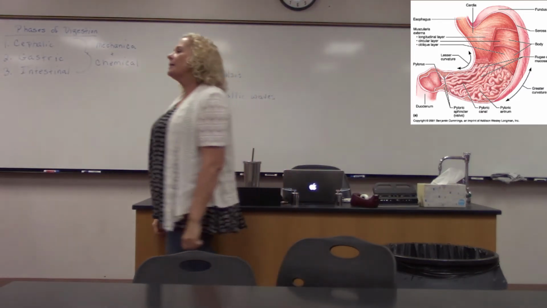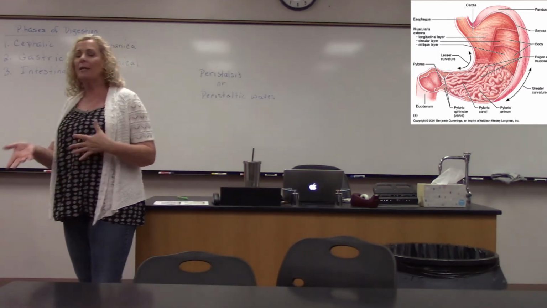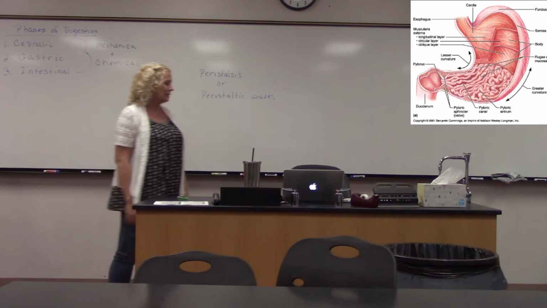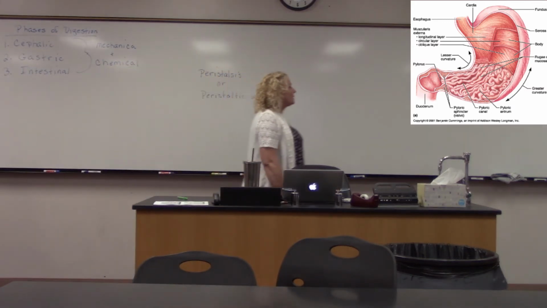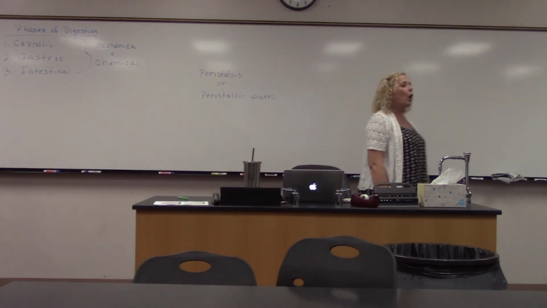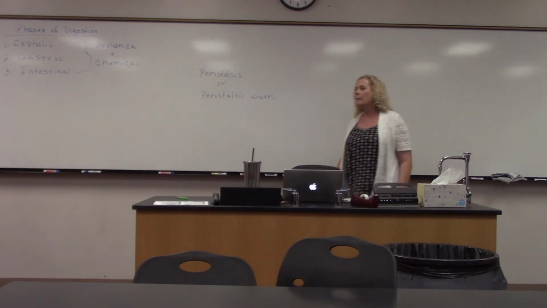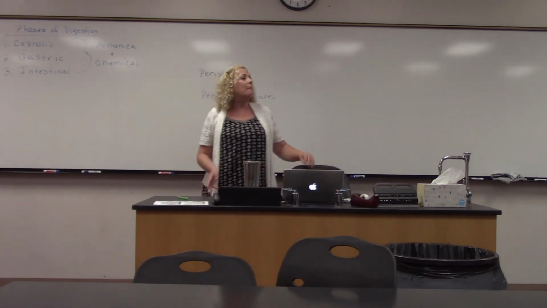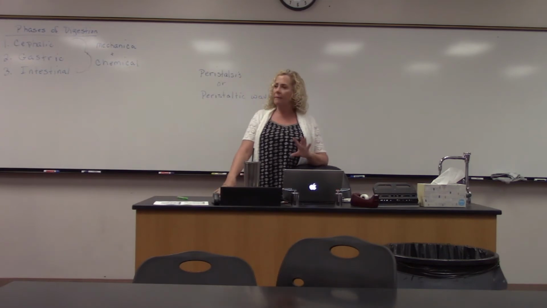Now, food stays in the stomach for a particular amount of time, digesting depending on what kind of food it is. So let's say that we eat something that is made up of mostly carbohydrates. So maybe you eat fruit or rice or vegetables. Those only stay in the stomach for about 2 to 4 hours.